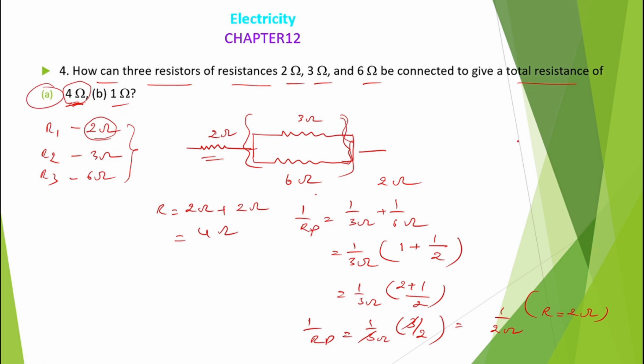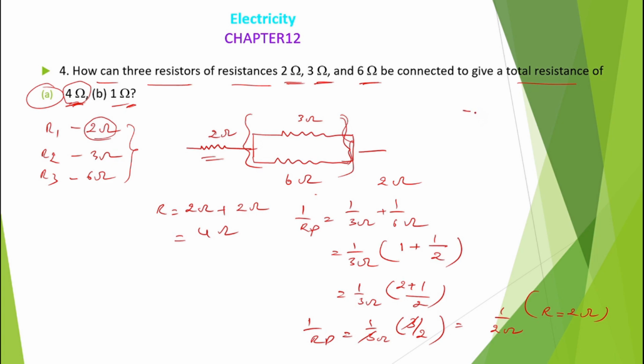Now B, one more is there. B again we have to answer. So now here he is asking for 1 ohm. So 1 ohm means, with 2 ohm, 3 ohm, 6 ohm, here also trial and error we have to do.